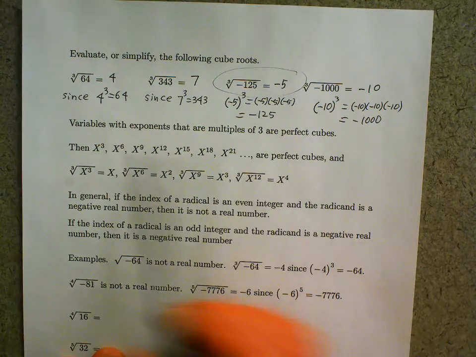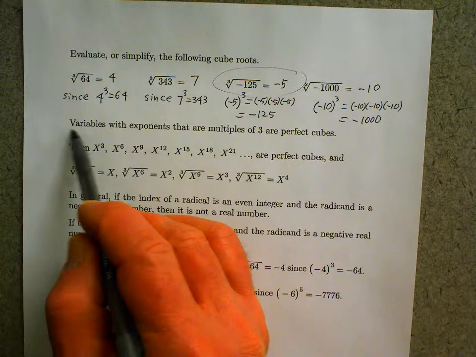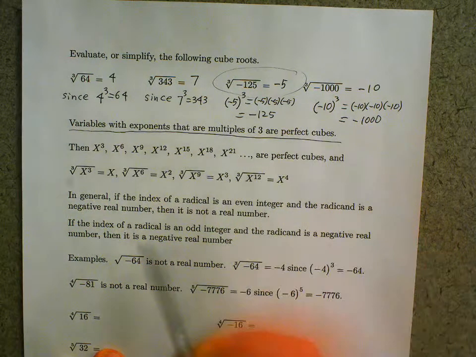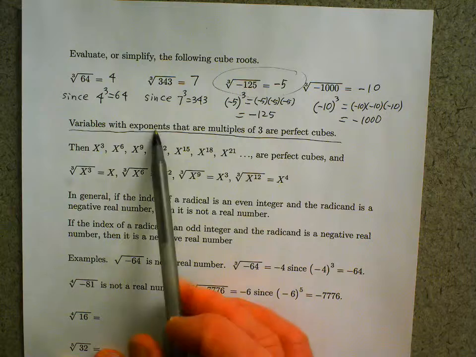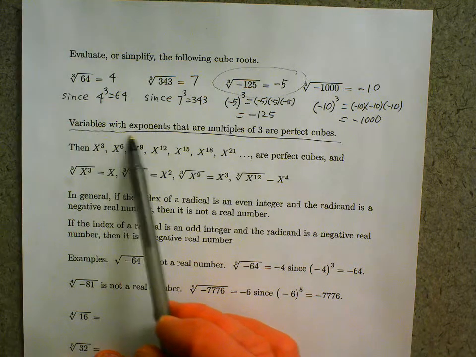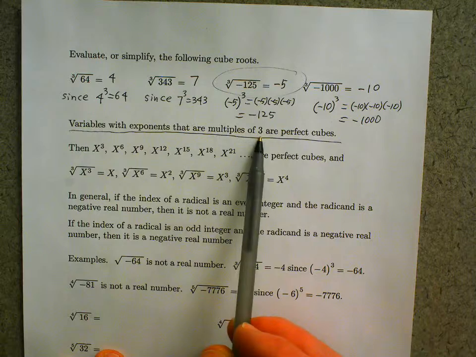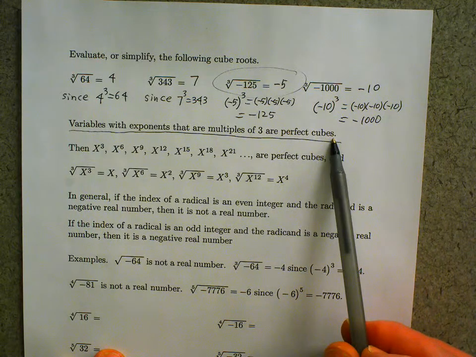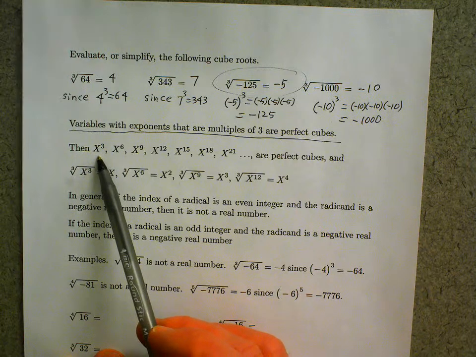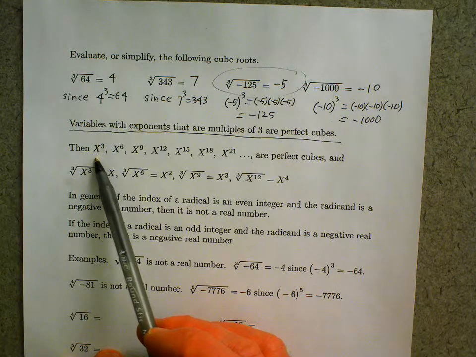All right, let's move on to the variables with exponents. Variables with exponents that are multiples of 3 are perfect cubes. So here are a few examples of perfect cubes.